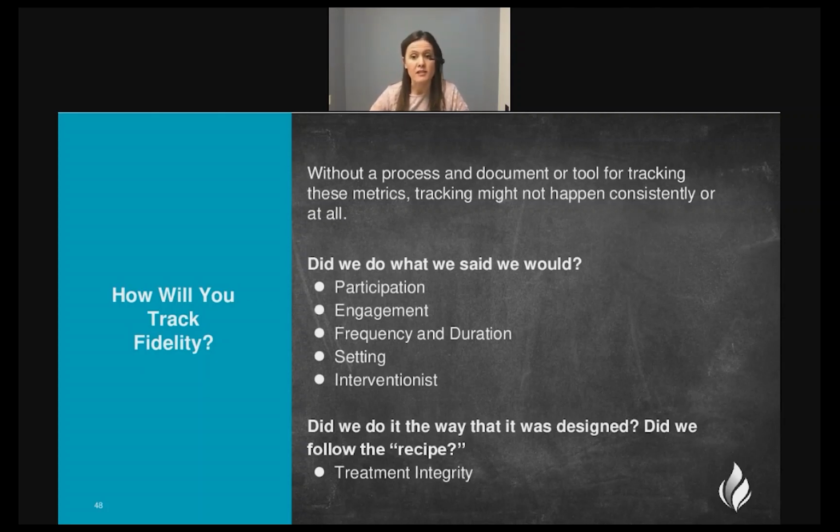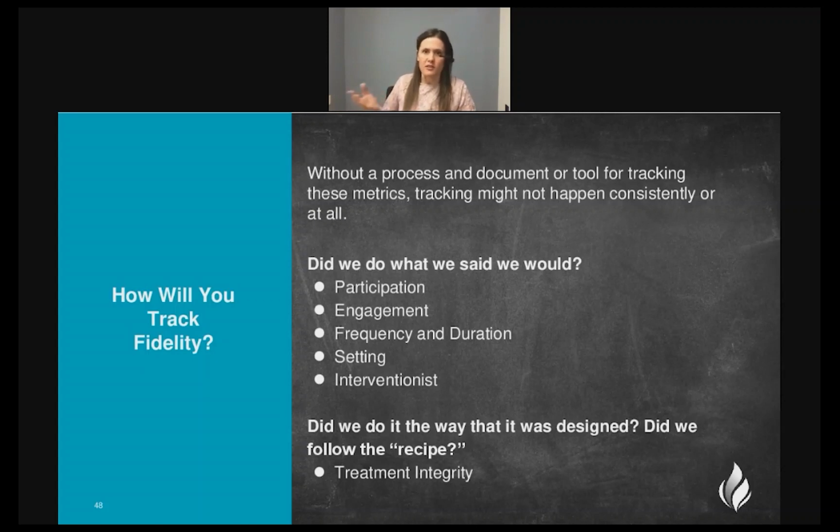Without this process and a document or a tool for tracking these metrics, it might not happen consistently or even at all. So the questions we would want to ask is, did we do what we said we would? Are we tracking whether the students are participating in the intervention? Are we tracking whether the student is engaged when they come to the intervention? Are we tracking how often and for the length of time we actually did the intervention?